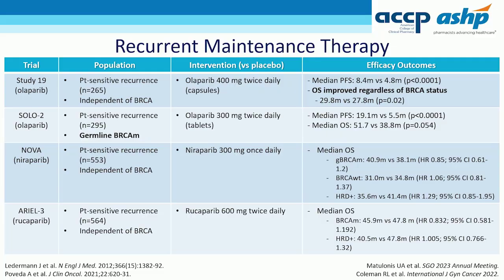And also with ARIEL-3 and rucaparib, you'll see with that group, they still have the indication for BRCA mutated, but you'll see even in the median overall survival for those patients, there really wasn't a benefit for a PARP inhibitor in the recurrent setting. So this is why a few years ago when we would do this presentation, these were all options regardless of your BRCA mutation status. Now you have to be BRCA mutated, and even then, if a patient's received a PARP prior, it's probably not something you're going to be revisiting, but it is still an option if you're BRCA mutated.